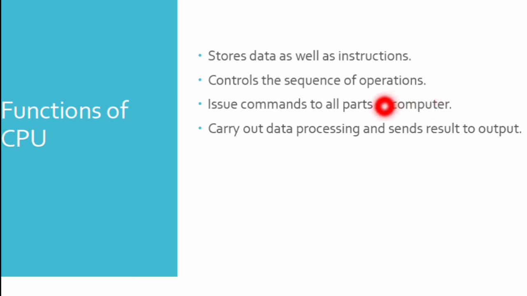If the sequence is not arranged, then your computer system or Android phone may hang. It issues commands to all parts of the computer, that is, it controls speaker, keyboard, mouse, printer, and the other parts connected to the CPU. It carries out data processing, that is, processes the result, and sends the result to output, and the result may be displayed on the screen or a printout may be taken by the output device.